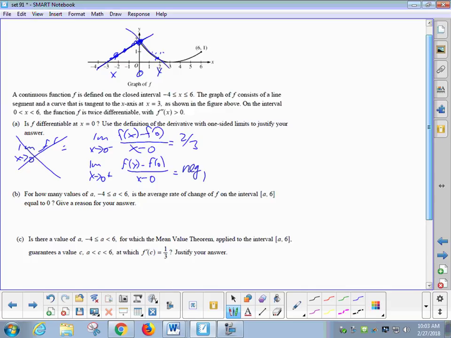I know that's true. I don't know what it is numerically, but it's not 2/3. After that, you conclude because those are different, or just say they're different, the derivative doesn't exist. That's the idea. If they say definition of derivative, you should be writing a difference quotient or a slope and taking a limit. Yes, ma'am?